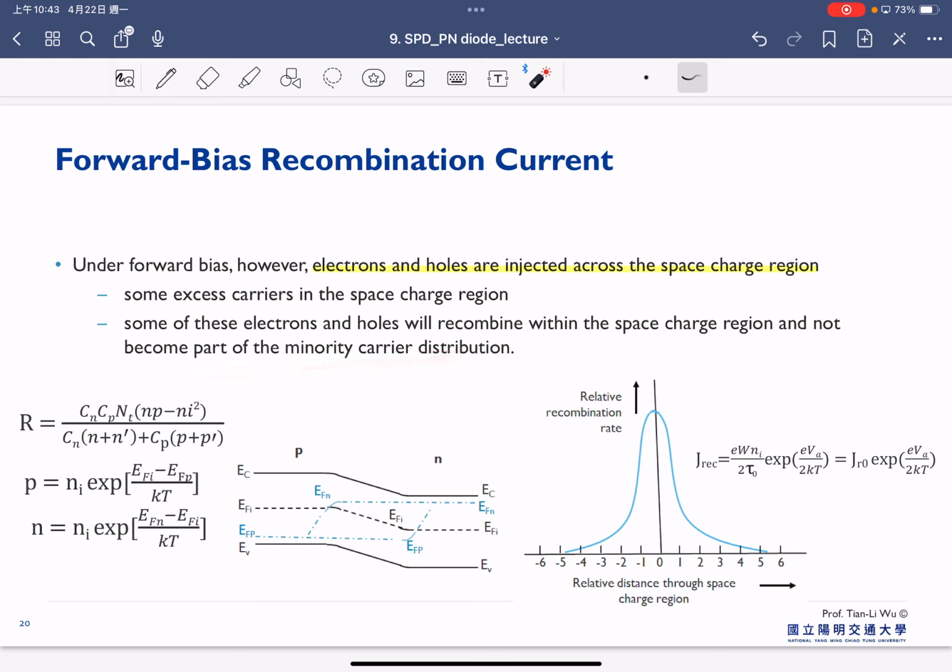So that means once we have holes here, holes will be injected from the left to the right. We also have the electrons injected from right to the left here, and somehow it is possible to have a recombination in the middle.